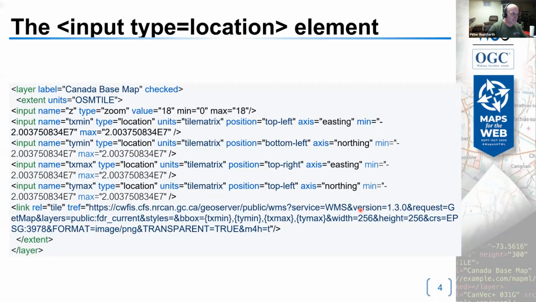So far, we've not described how the browser can avoid asking for tiles or content that don't exist. The first means is by specifying the min and max attributes on individual inputs associated to a link template. The extent within which a link URL template should request content from the server is determined by the min and max attributes of associated input type equals location and zoom variable references.